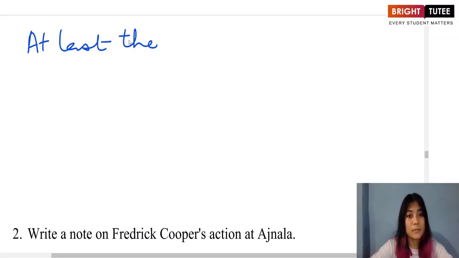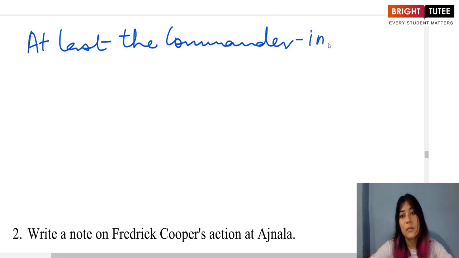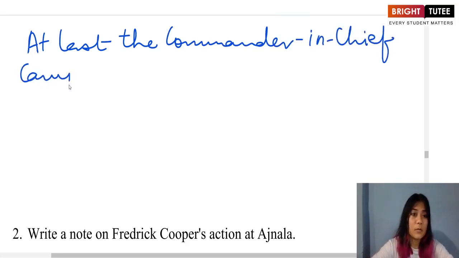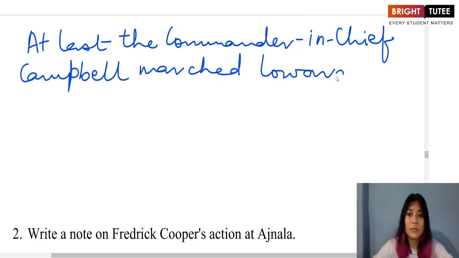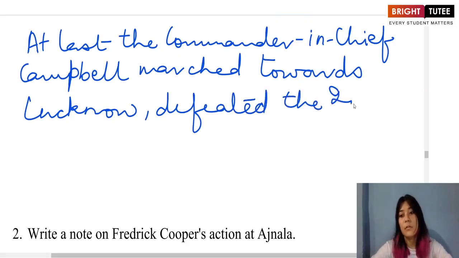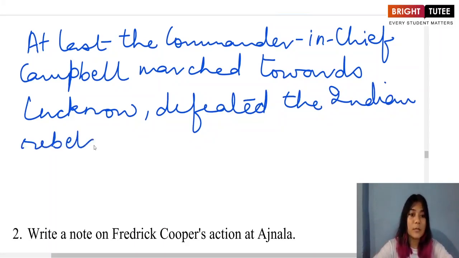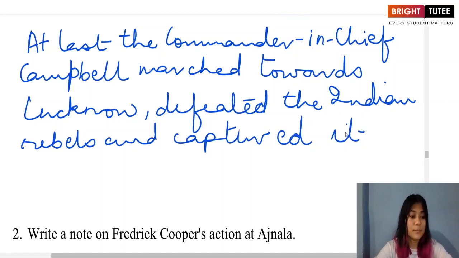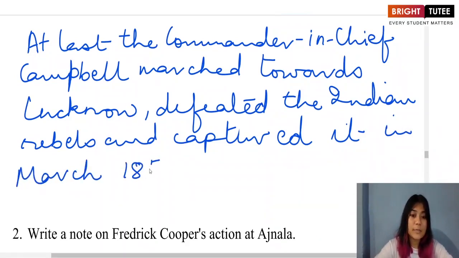At last, the commander-in-chief, Campbell, marched towards Lucknow, defeated the Indian rebels and captured it in March 1858.